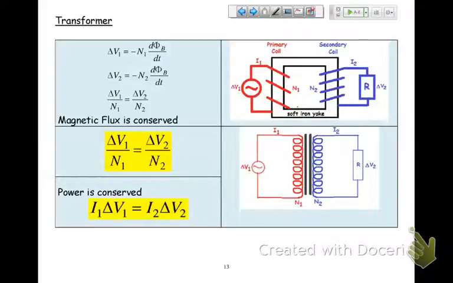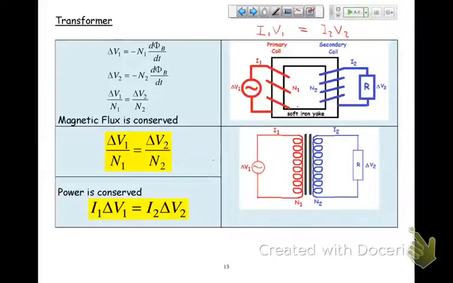But I can have one current here and one voltage here, and another current here and another voltage there. And as long as the products are constant, then everything's happy. Well, who cares? Well, this is why I care.